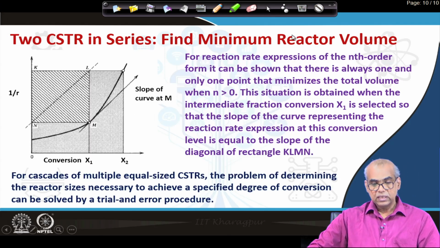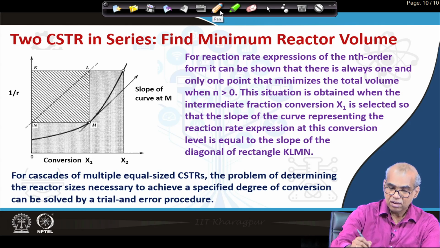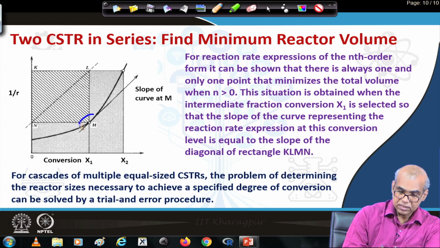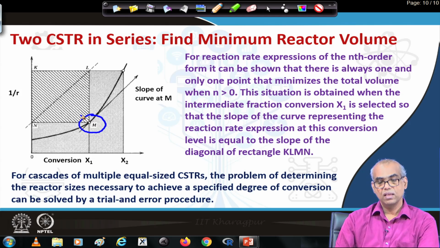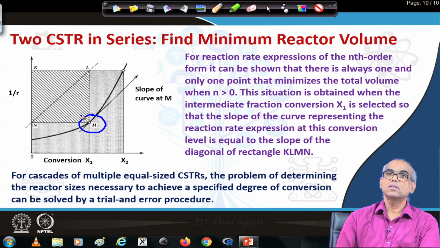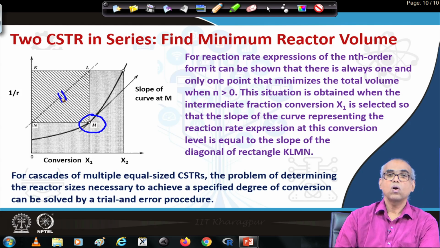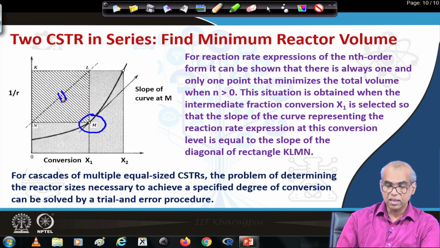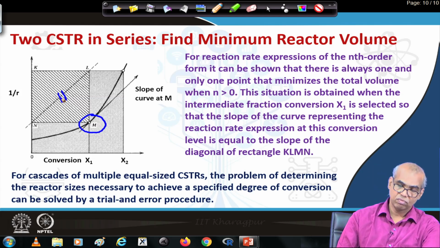Now, it has been shown that this can be done by selecting M on the rate curve such that the slope of the rate curve at point M is equal to the slope of the diagonal of the rectangle KLMN. Under this condition, the KLMN will have maximum area and the reactor will have minimum volume.